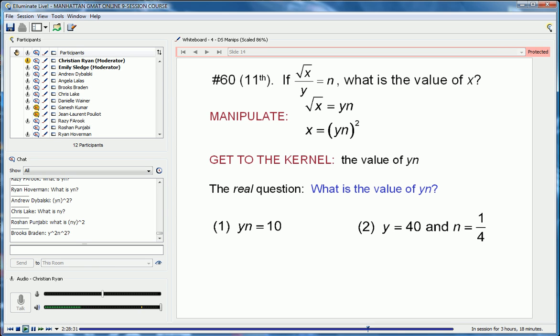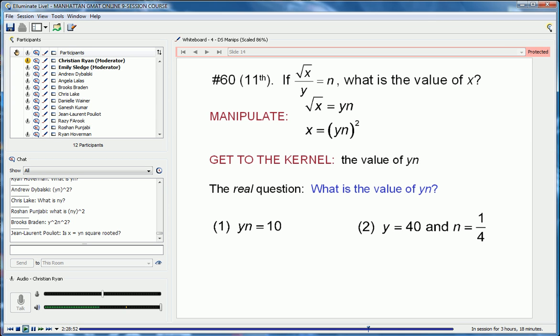And we might even say, you know what, we just really need to know the value of yn in order to get the value of yn squared. Either way, we might stop at this point, being a little hesitant to take away the square. Either way is fine.